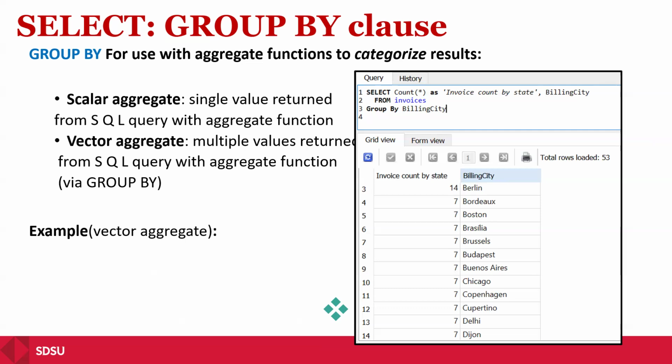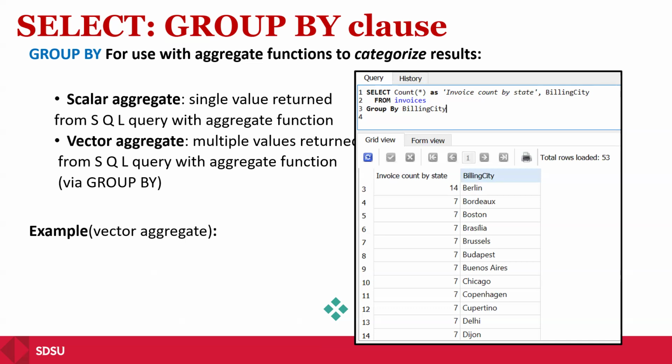Very important: every time we use anything in addition to count in a select statement, we need to add this anything to the group by expression. You can see that we display billing city, and then we give it the number of records by that.